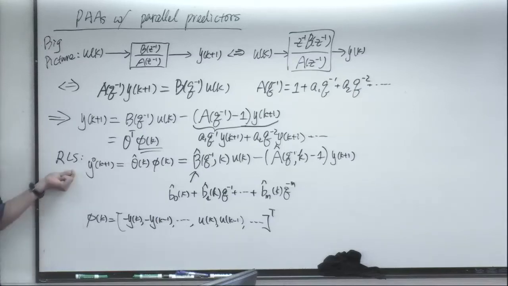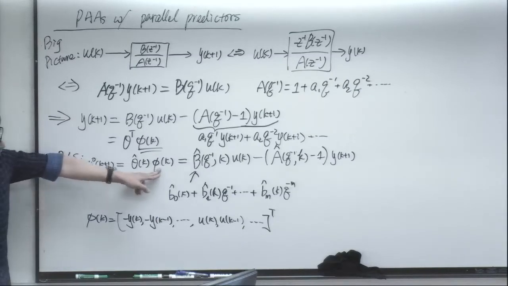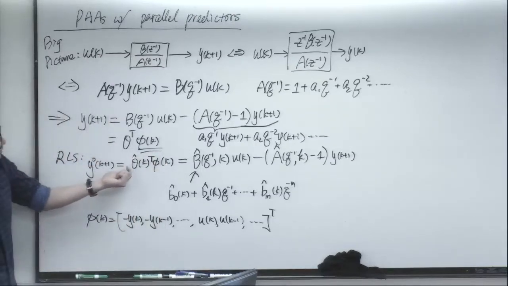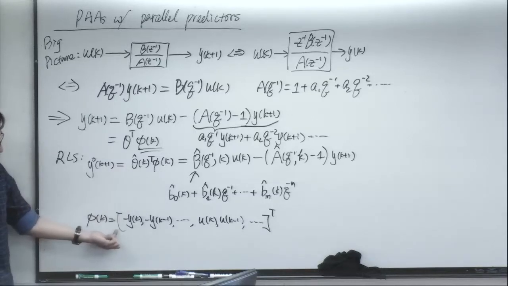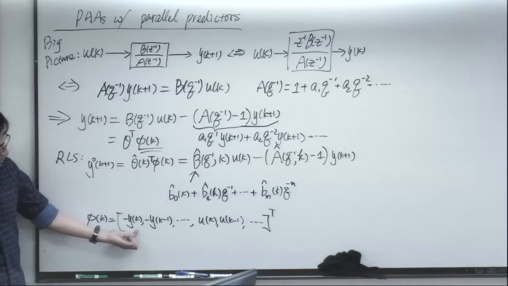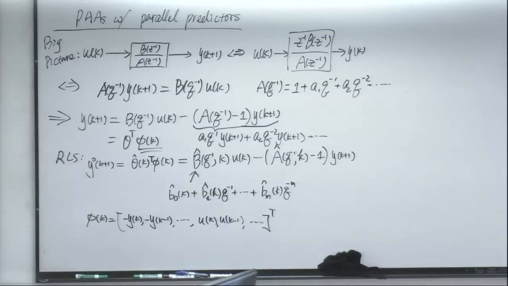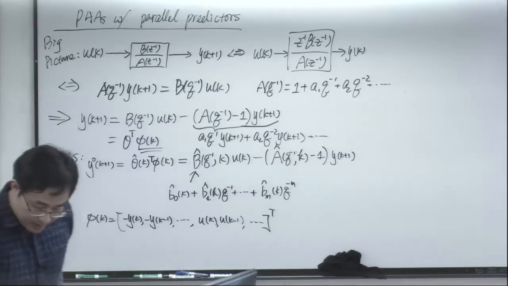And then recursive least squares utilizes this regressor. There's a transpose here. The regressor contains y and u. It's a column vector. All right? That's, in a nutshell, how recursive least squares in basic adaptation works.